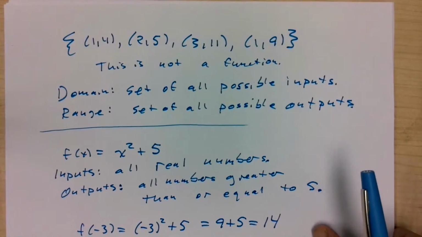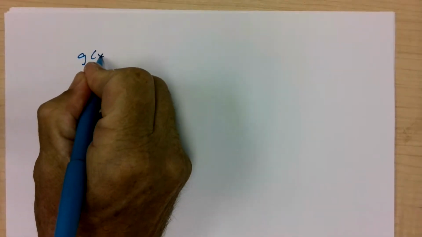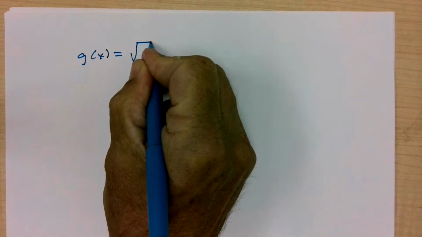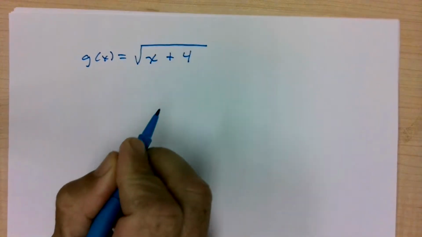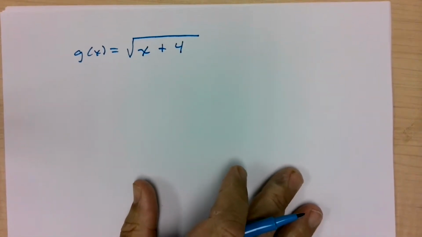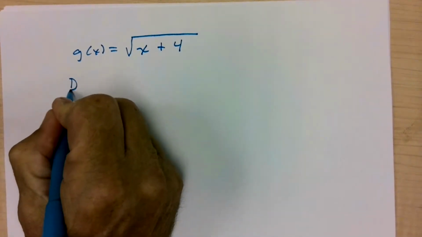Now let's take a look at a different function. This time, let's say g of x is the square root of x plus 4. Domain, all allowable inputs. Now, we do not want to take a square root of a negative number.